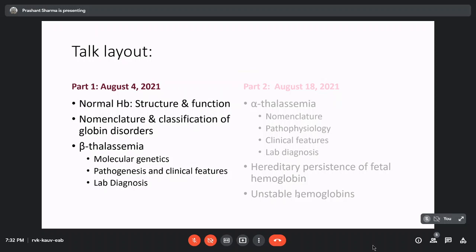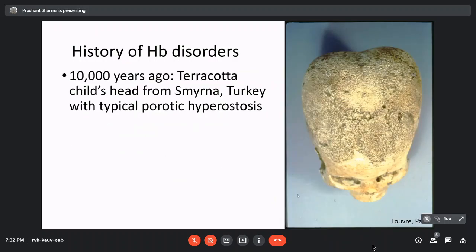So, hemoglobin disorders go back a long way, virtually as long back as humanity itself. About 10,000 years ago, this was a terracotta skull, which is now in France, but was initially recovered from Turkey. You can see the typical porotic hyperostosis in the skull.